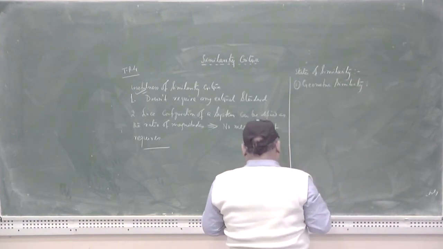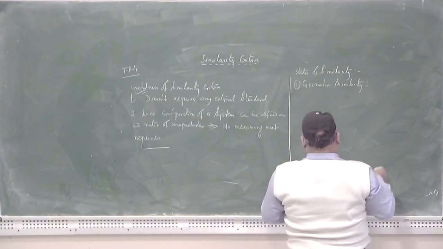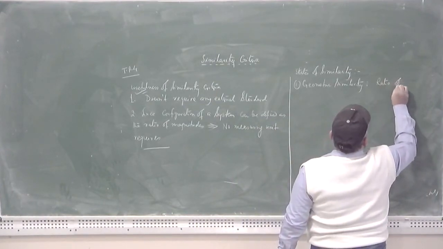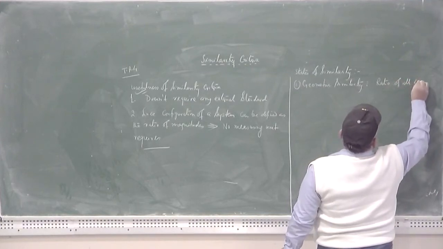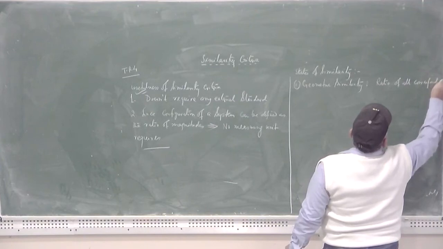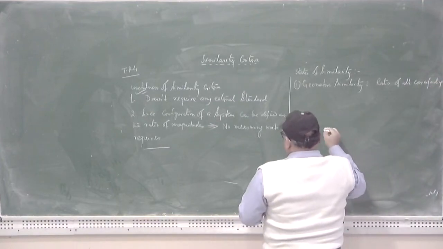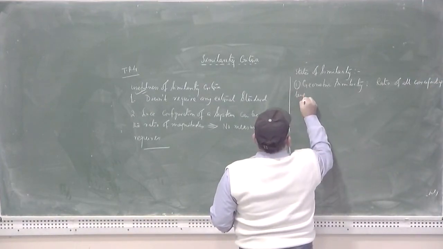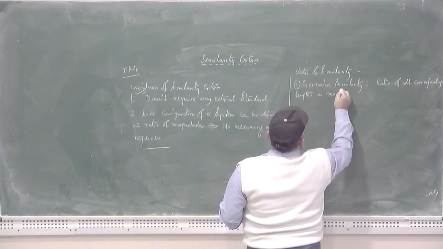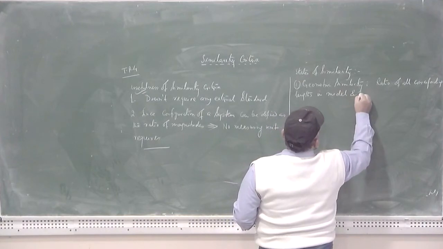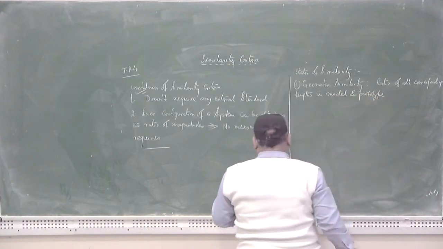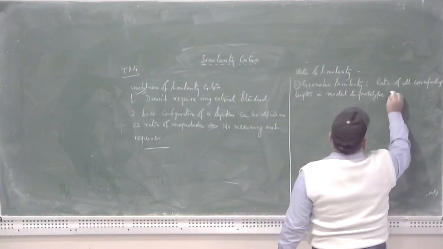Geometric similarity: the ratio of all corresponding lengths in model and prototype are same.